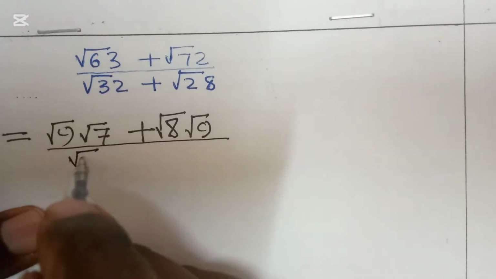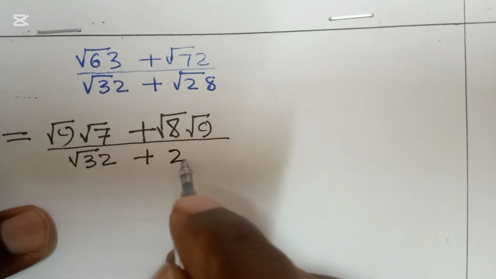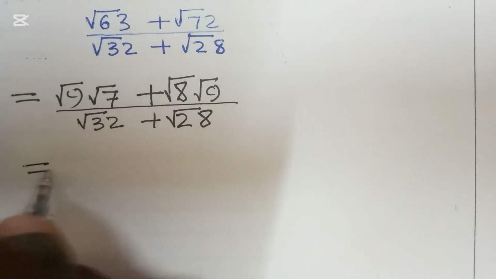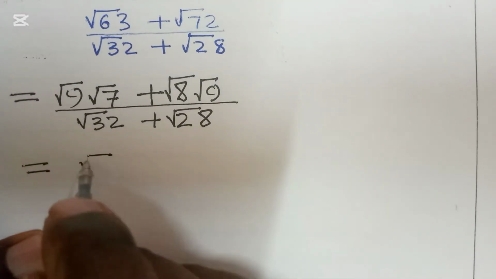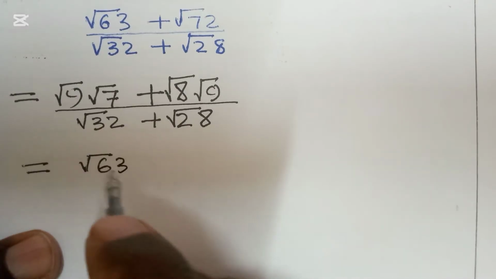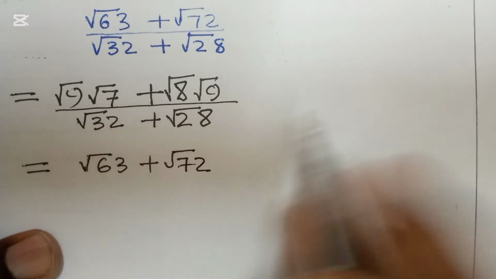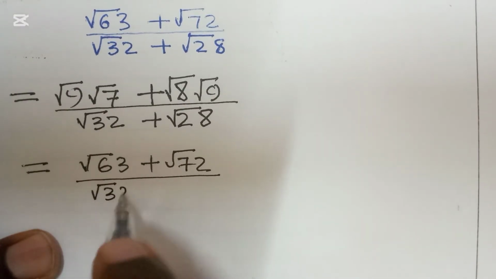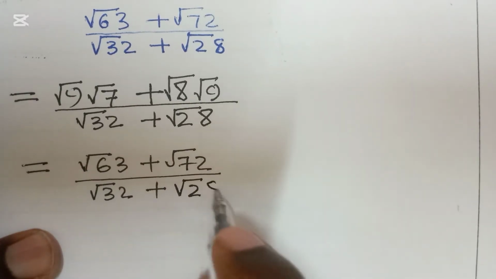Instead of writing and cancelling, let me just start again, whereby I have square root of 63 plus square root of 72 all over square root of 32 plus square root of 28.